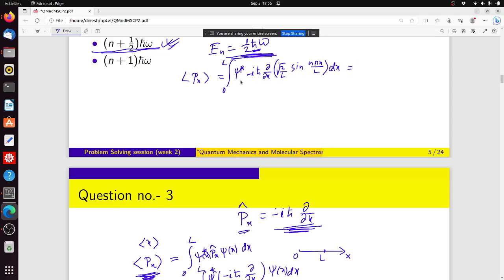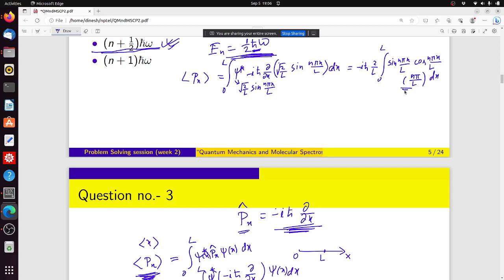This is, let's say, this value also root 2 by L and n pi x over L. So this will be minus i h cross 2 by L, then sin of n pi x over L. Derivative of sin is cos of n pi x over L, times the coefficient n pi over L, dx, 0 to L.